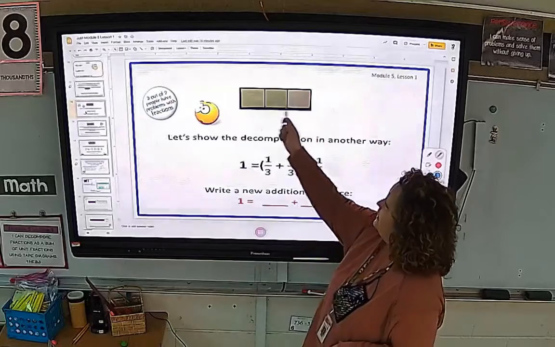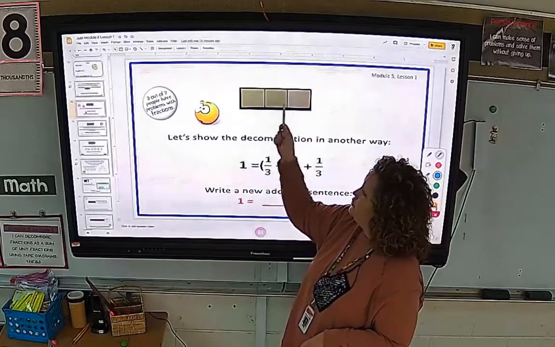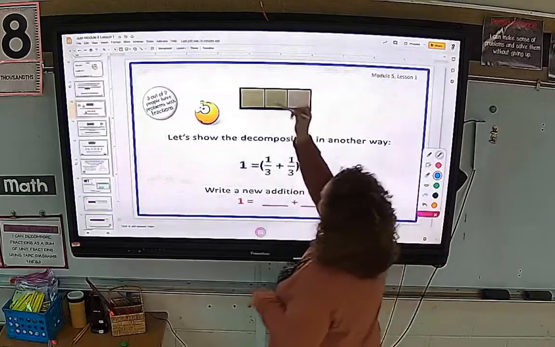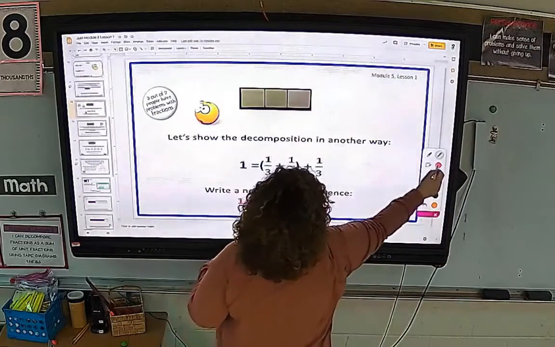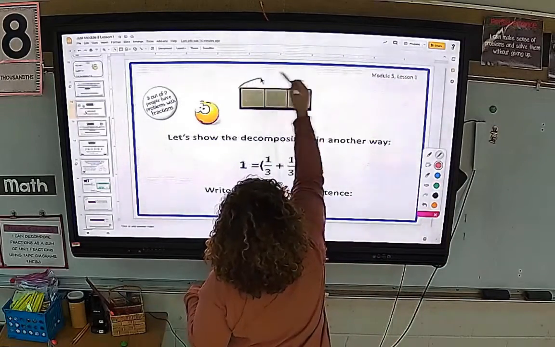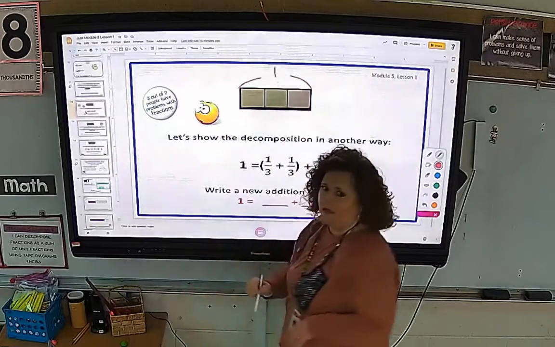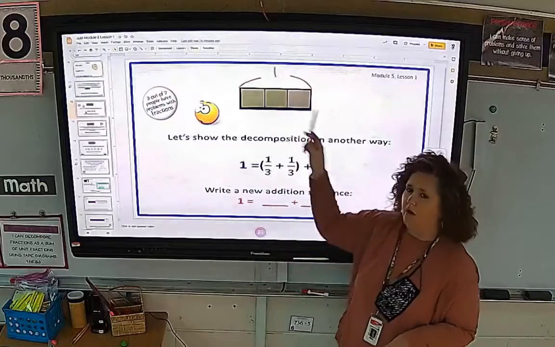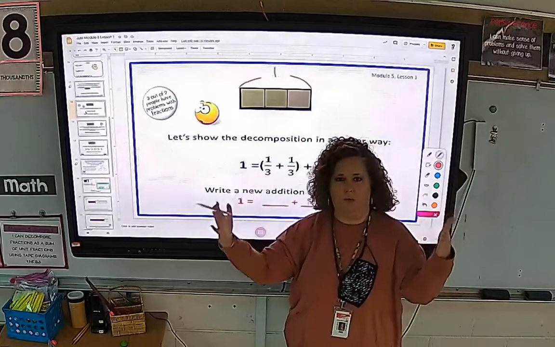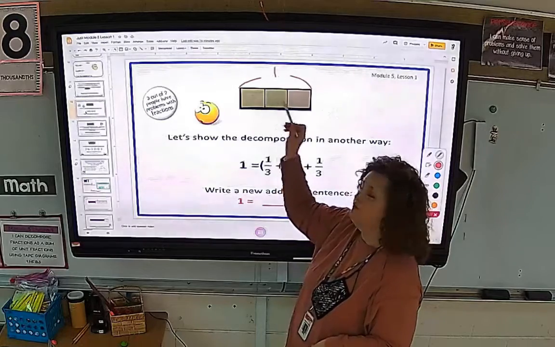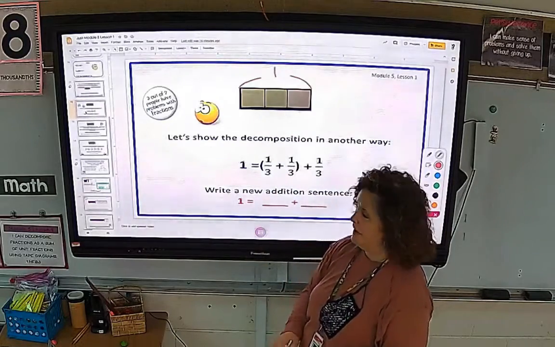All right, so here we have a paper strip that is 3 pieces long. This right here is one whole, okay? Let me change to that color. All right, we have seen a tape diagram several times where we call the whole thing one whole piece. And we see that it's been cut into 3 equal pieces, okay?